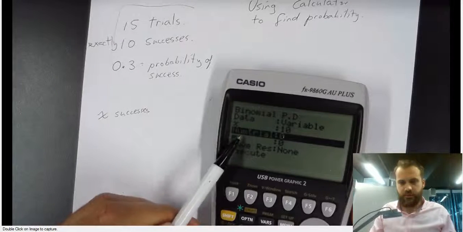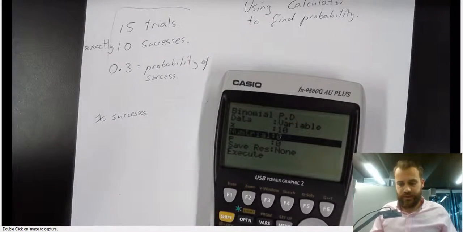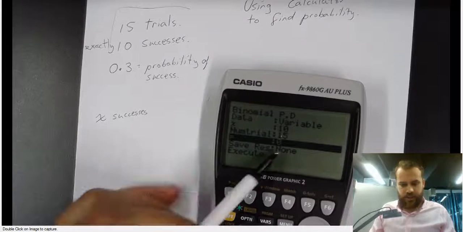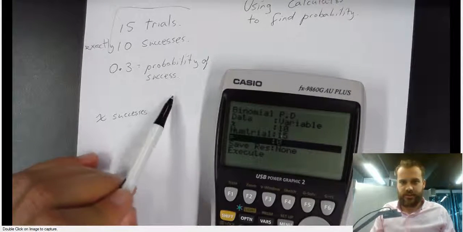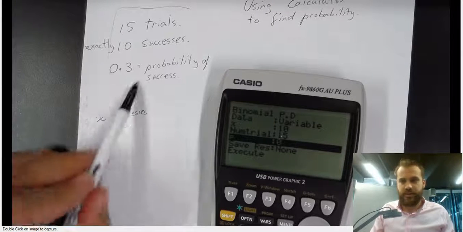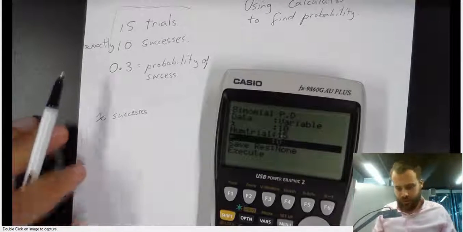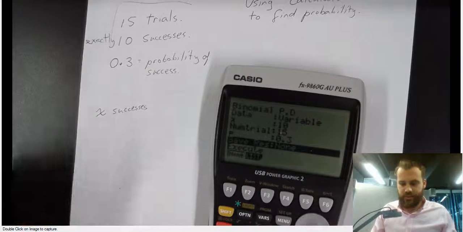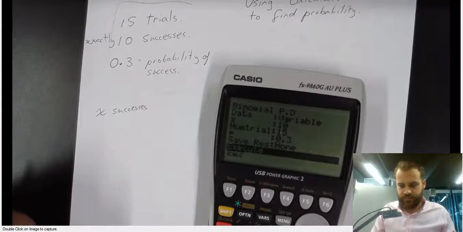Now, number of trials. That's the number of trials that take place. In this case, 15 of them. And P is the probability of success. In this case, the probability of success, winning the football game, getting pooped on by a bird, is 0.3. After that, it's as simple as pressing the execute button.